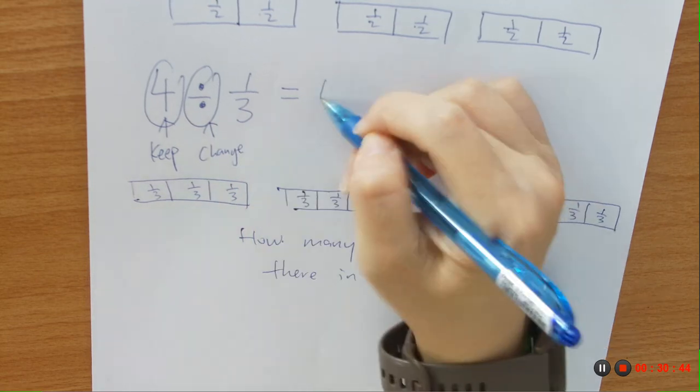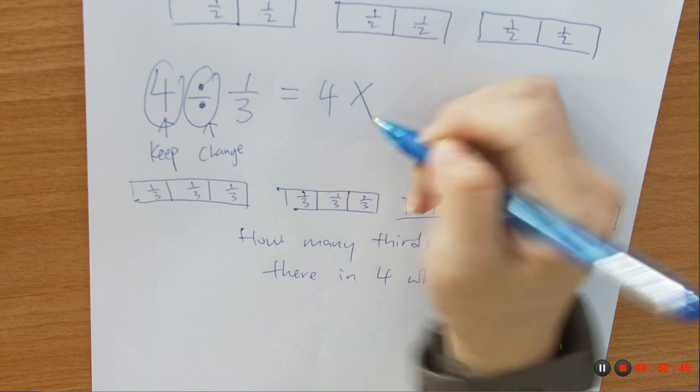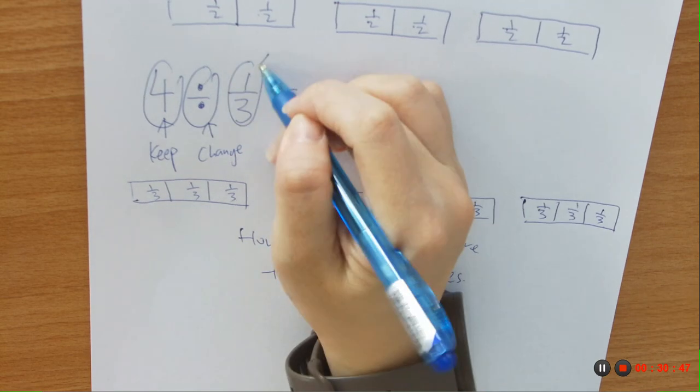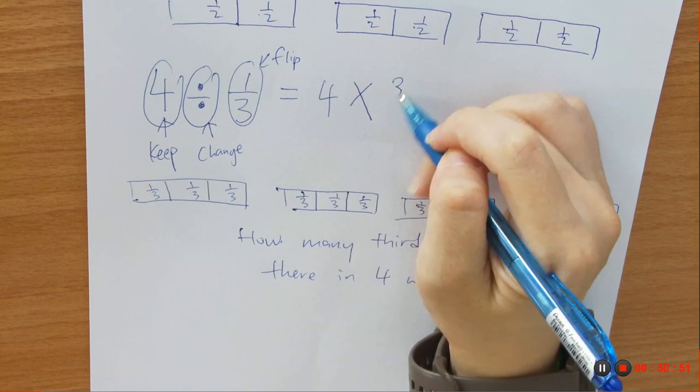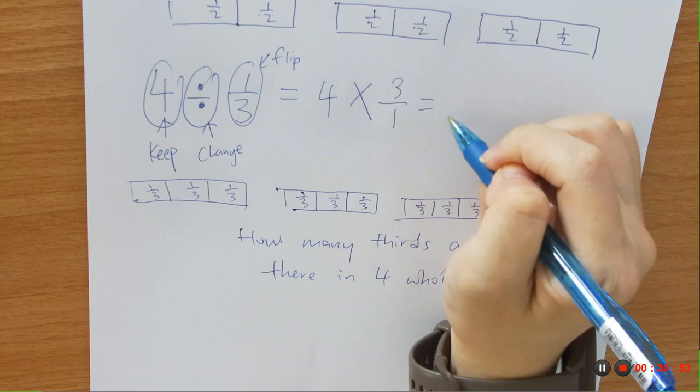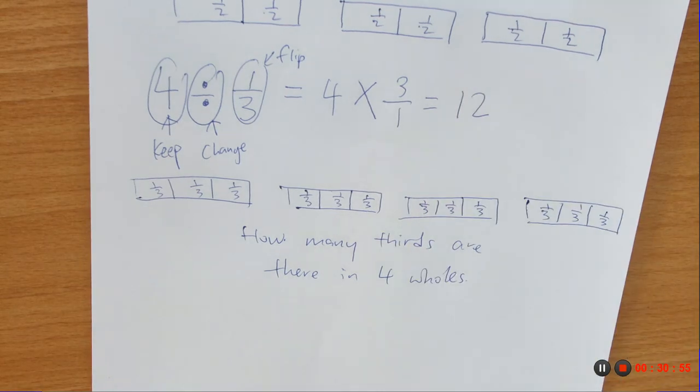previous page, or this here. Now, right at the start, before this activity, I say, yes, KCF and GET. Okay? Now, keep change flip.